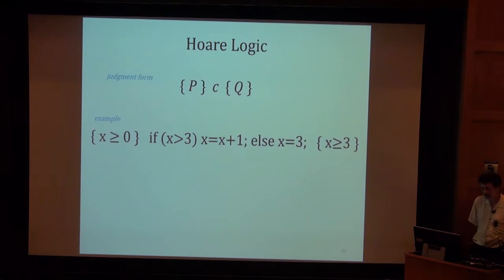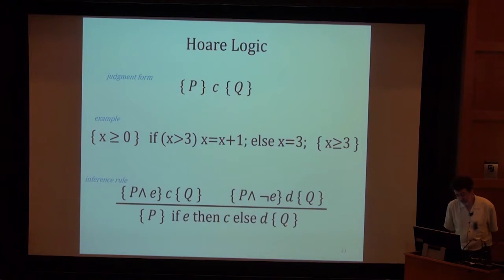So here, if x is greater than or equal to 0, and we run this command, then when we finish, x will be greater than or equal to 3. We could actually make a stronger postcondition than that, that's more accurate in some sense, but this is all right as a specification if that's the only correctness property you need, right? The correctness property you need determines your specification, not the most detailed, strongest thing you can prove about your program.